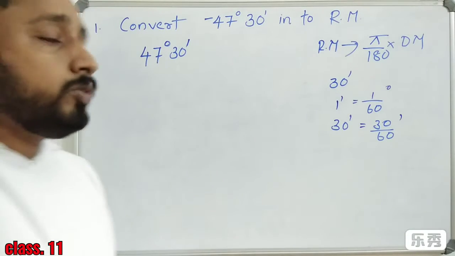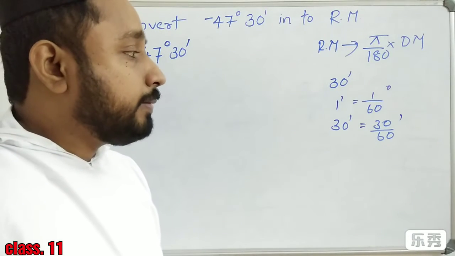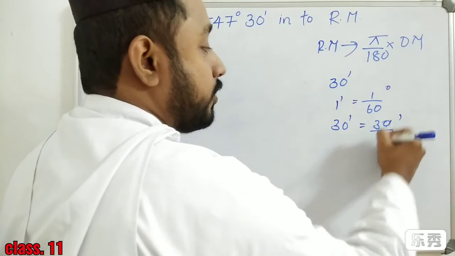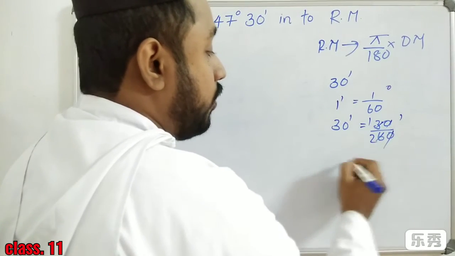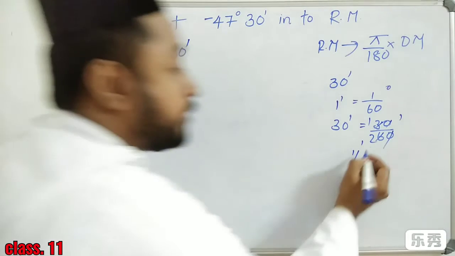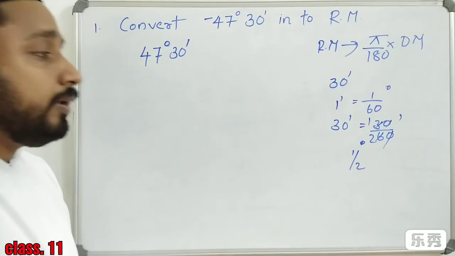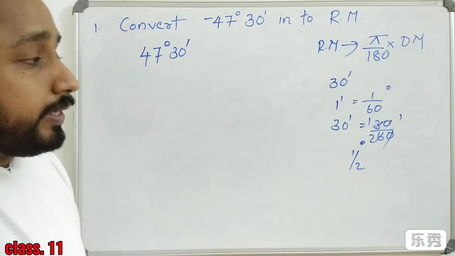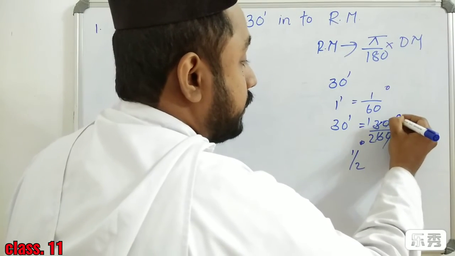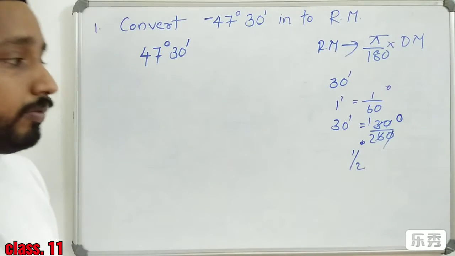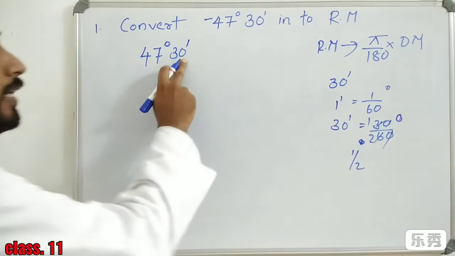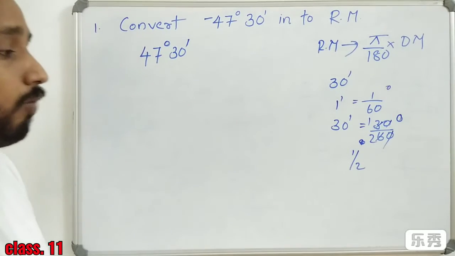We can cut the zeros, and 30 by 60 becomes 1 by 2 degree. So 30 minutes is equal to 1 by 2 degree. So we can change this 30 minutes into 1 by 2 degree.